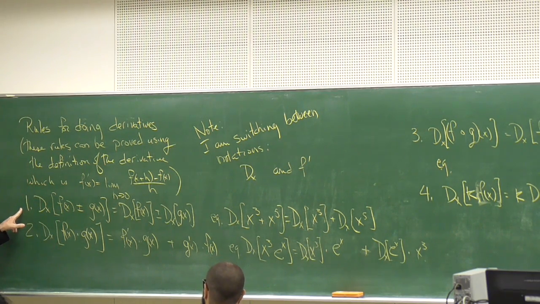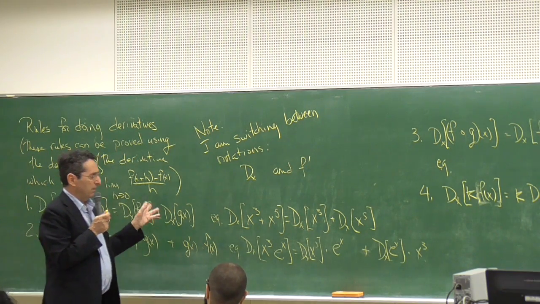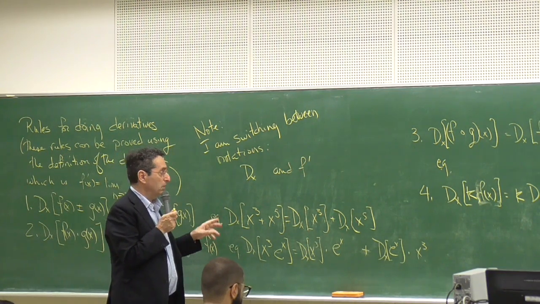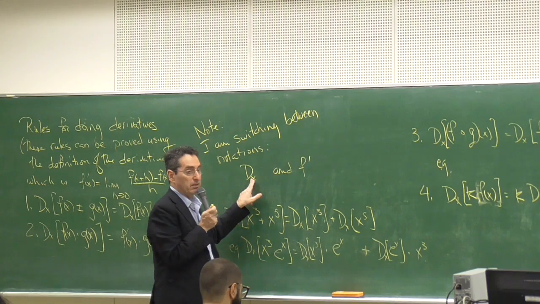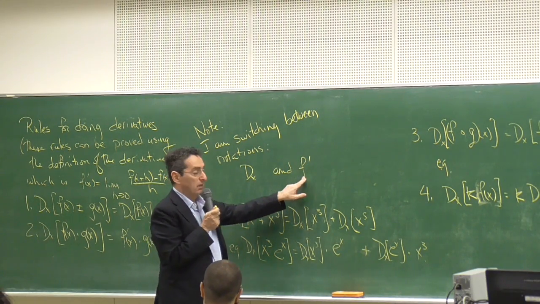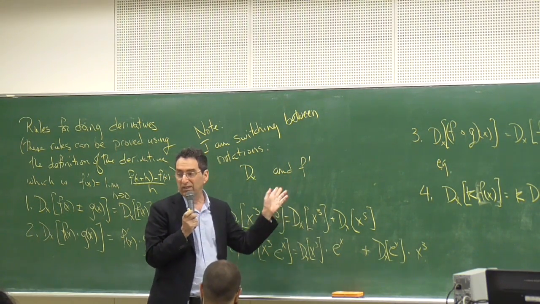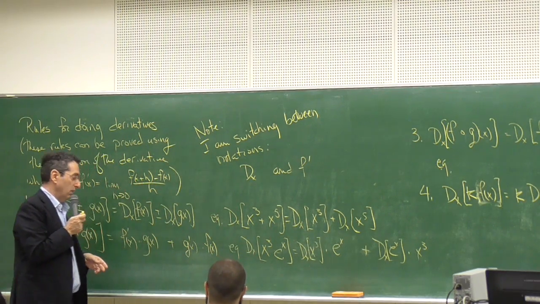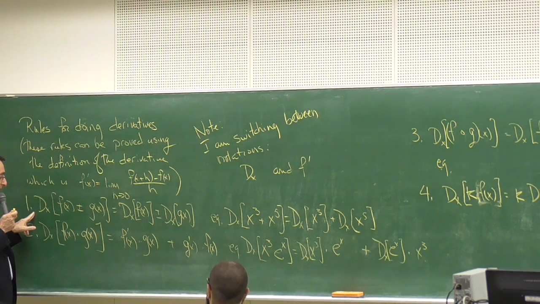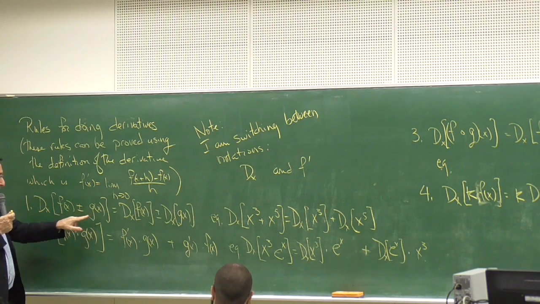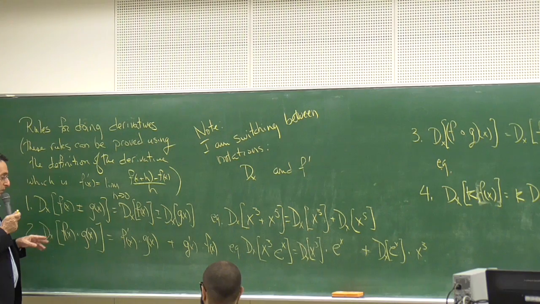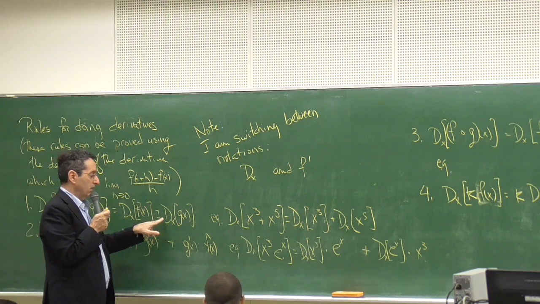So the first one, and I said I'm switching, just because it's easier sometimes to use one notation versus another. Sometimes I'll write the derivative like this, and sometimes I'll write it like that. Just switching back and forth when I express it. So this first one says the derivative of f plus g, or also there's another rule for minus g, but let's just concentrate on plus, is the derivative of f plus the derivative of g.